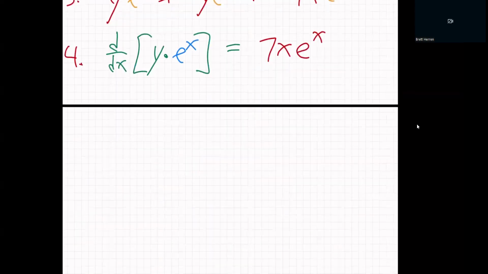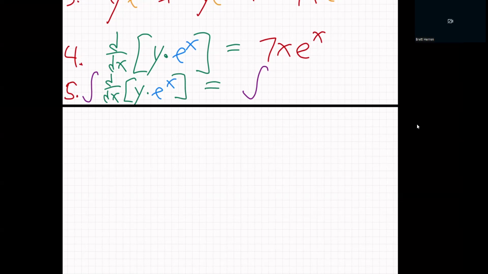You're starting to see the trick. So now on step five, I'm going to actually bring in an integral on both sides. That integral is going to make something nice happen.